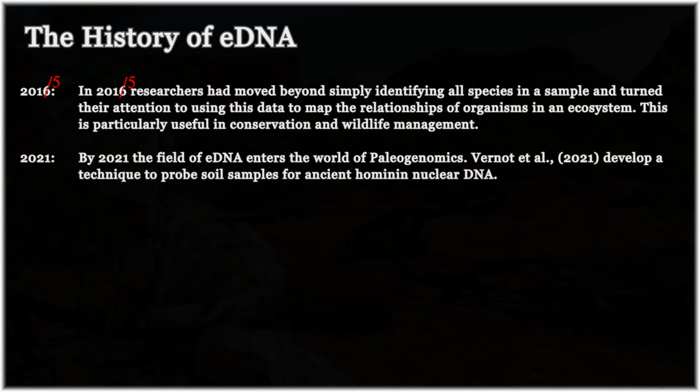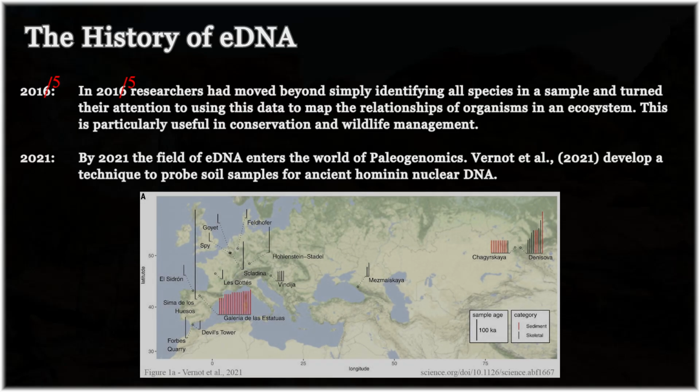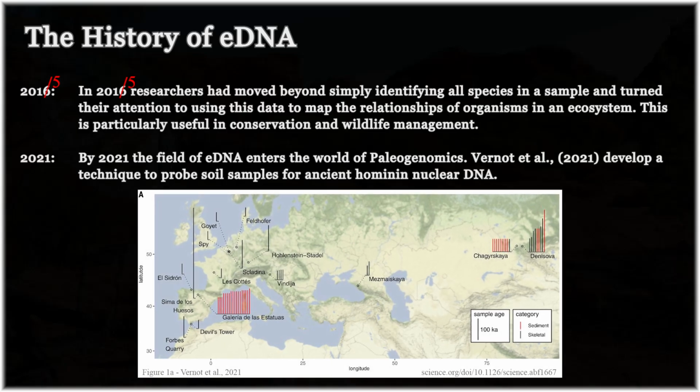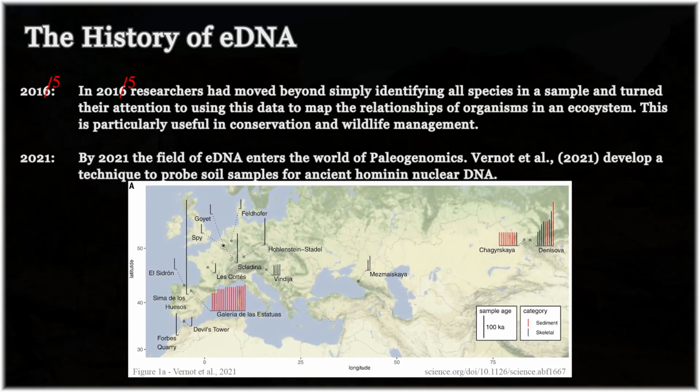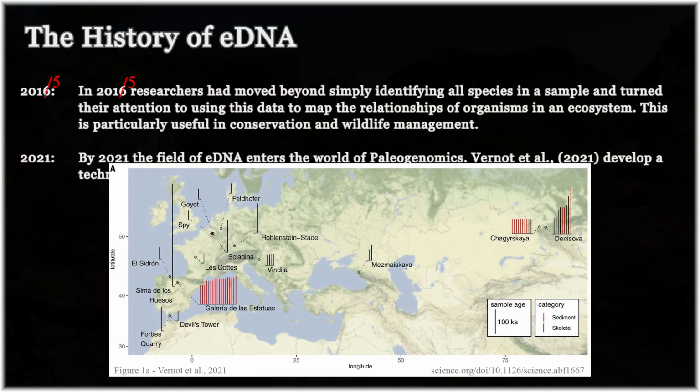Fast forward to the year 2021, and the field of eDNA had entered the world of paleogenomics. Vernot et al. developed a technique to probe soil samples for ancient nuclear DNA. This allowed researchers to identify the presence of Neanderthals and Denisovans over a 100,000-year time span.